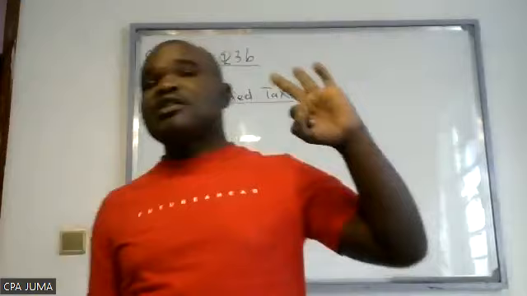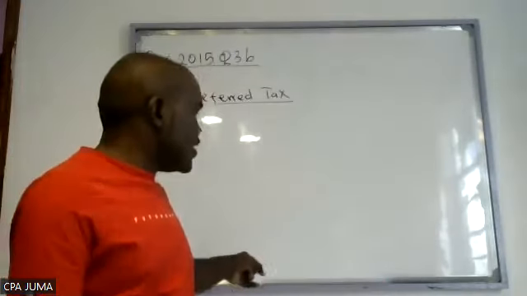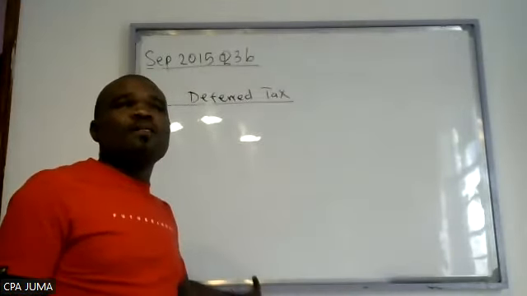Deferred tax arises in three ways. Number three will be the one we are going to rely on most. So let me start with the ordinary ones. The first one: right now you have calculated this current tax.